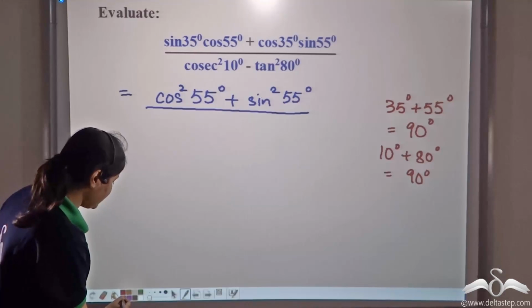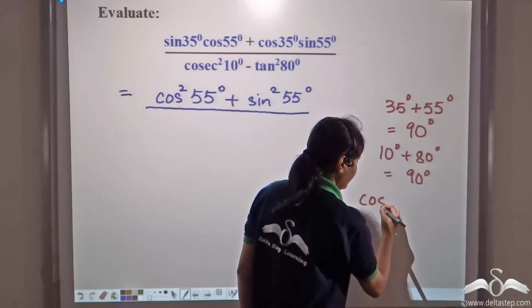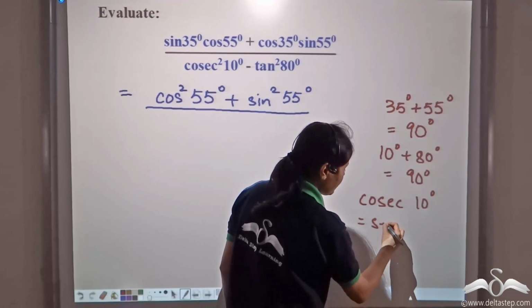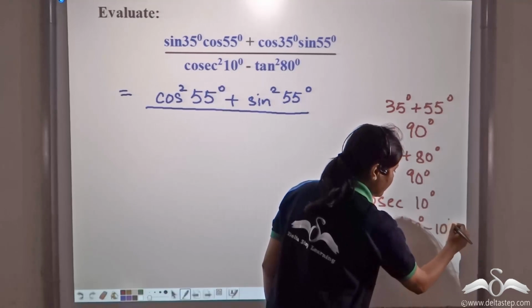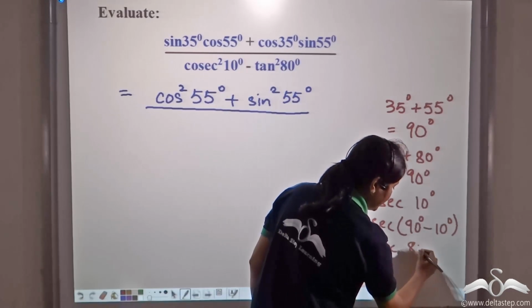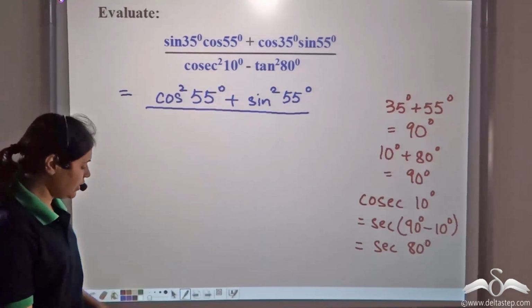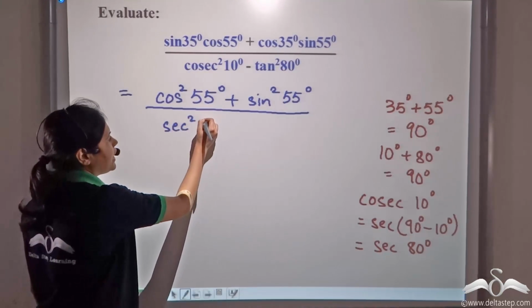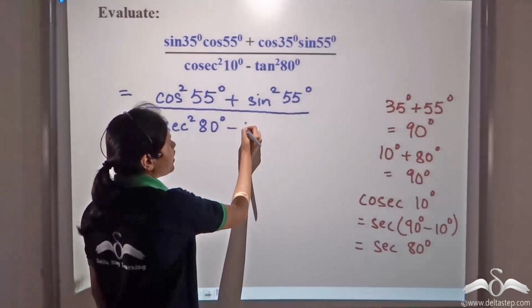So cosec 10 degree is equal to sec of 90 degree minus 10 degree, which is equal to sec of 80 degree. So cosec square 10 degree is equal to sec square 80 degree minus tan square 80 degree.